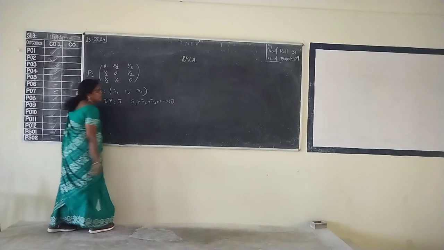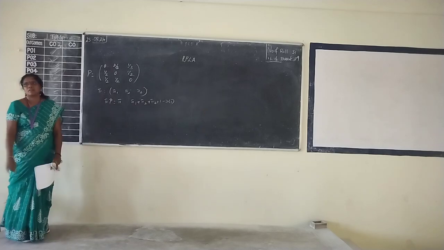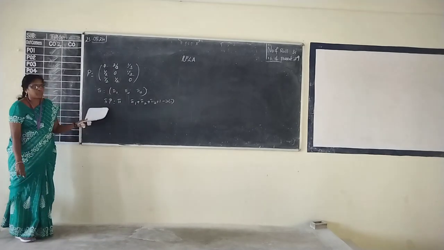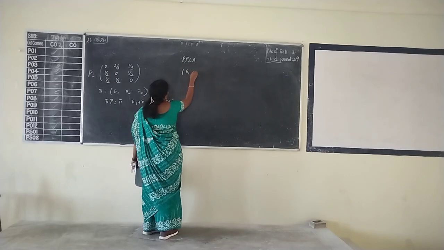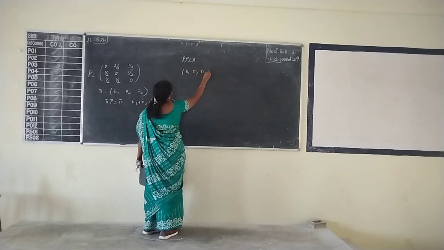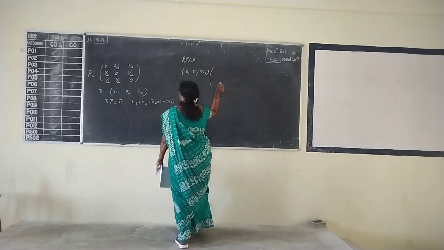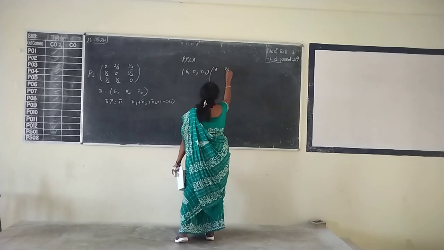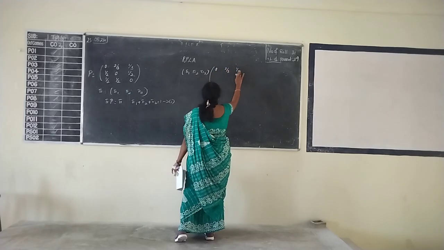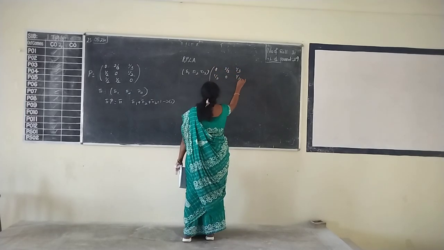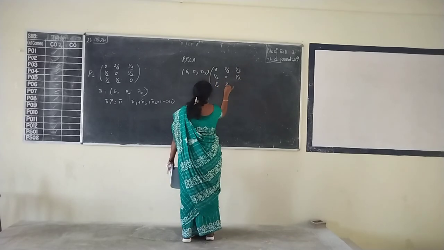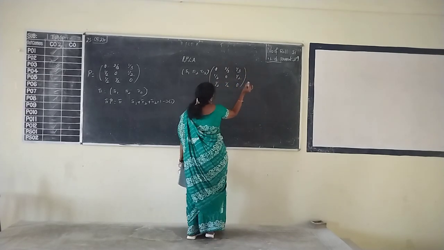Take this as equation number 1. Now find the product. Pi P equal to pi. So pi is pi 1, pi 2, pi 3, into the P matrix: 0, 2 by 3, 1 by 3; 1 by 2, 0, 1 by 2; 1 by 2, 1 by 2, 0.